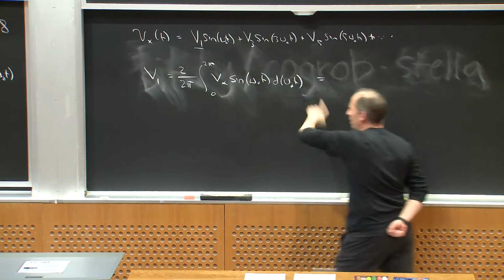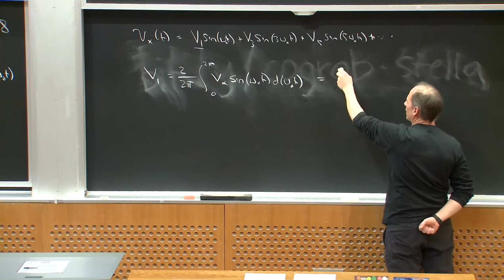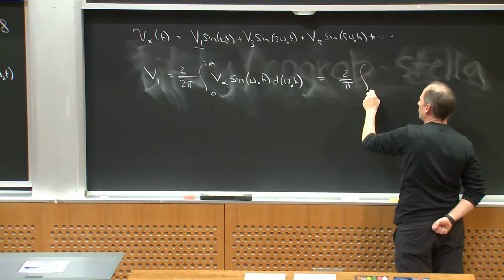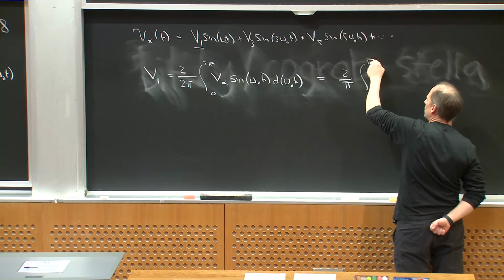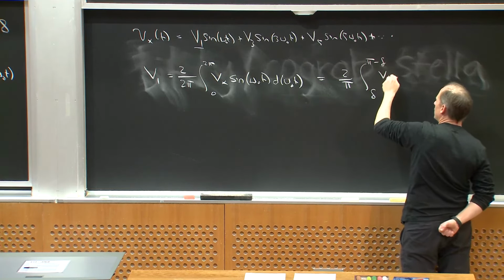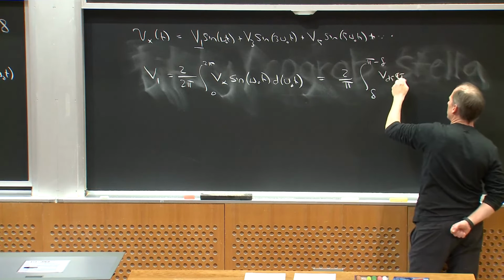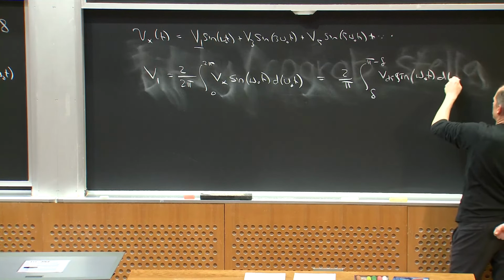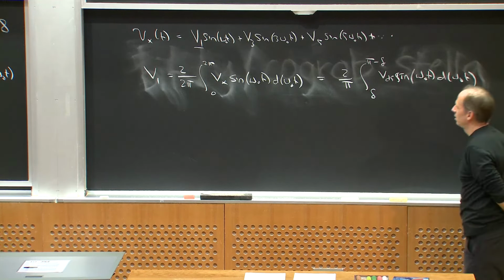This is 1 over pi, but I could do it over only half the cycle, and I can get 2 over pi, the integral from delta to pi minus delta of VDC sine of omega naught t d omega naught t, right?